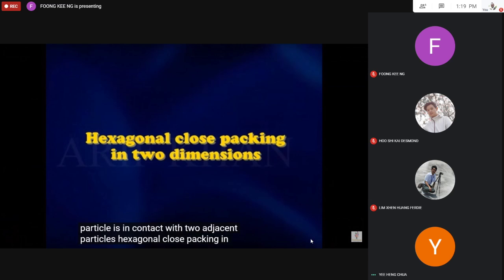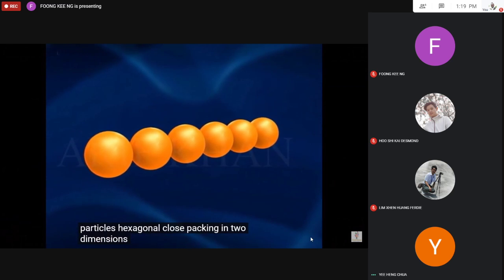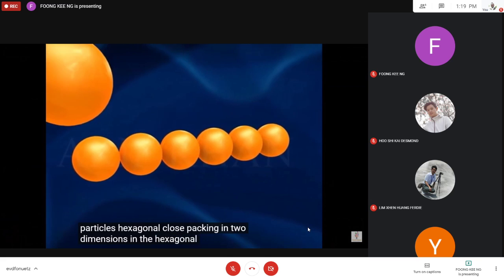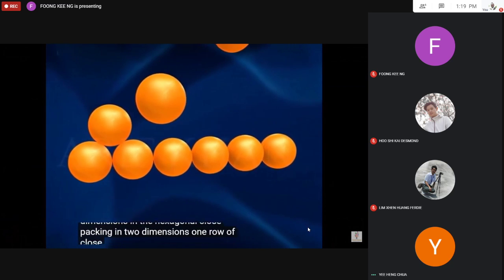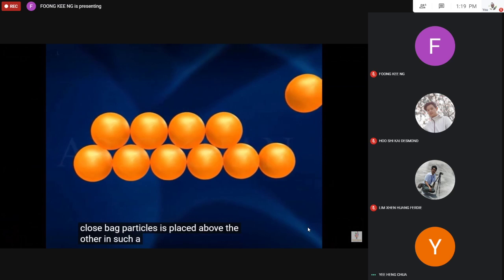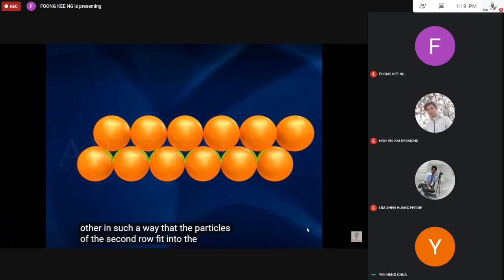Hexagonal close packing in 2 dimensions. In the hexagonal close packing in 2 dimensions, one row of close packed particles is placed above the other in such a way that the particles of the second row fit into the depressions of the first row.